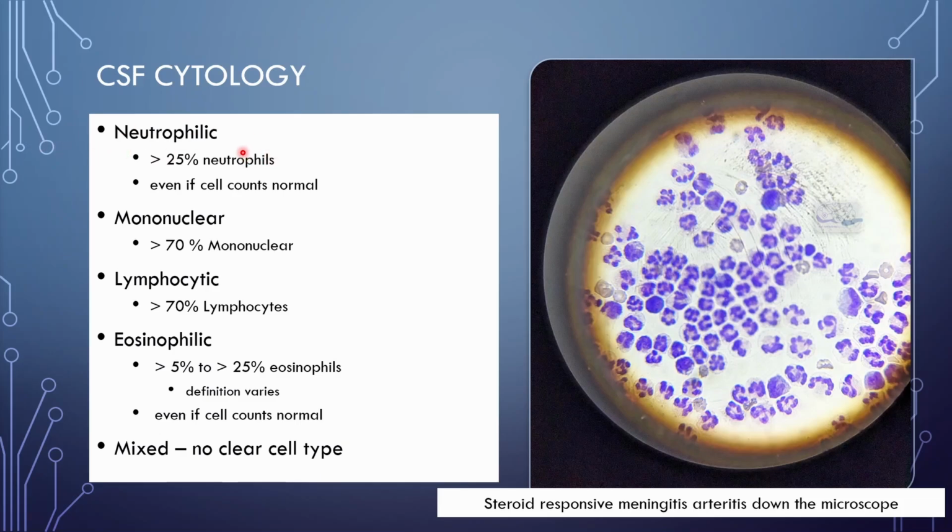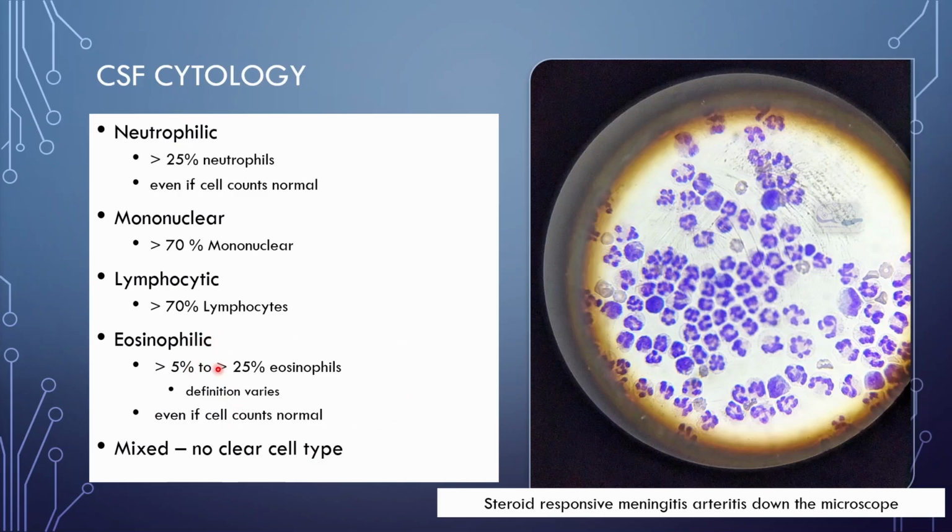And actually, because the neutrophil is an abnormal cell in the CSF, we would call it a neutrophilic pleocytosis even if the cell count was normal, and that is also the case with eosinophils. Whereas mononuclear cells would have to be more than 70% mononuclear, lymphocytes the same. If it's no clear cell type, then we call it mixed.